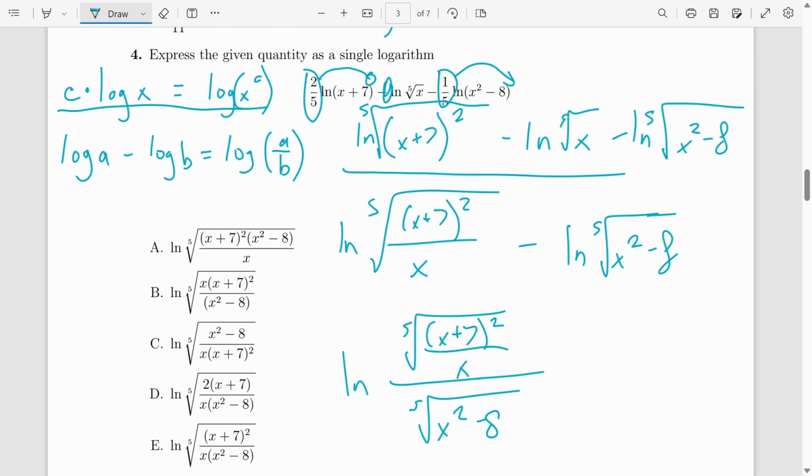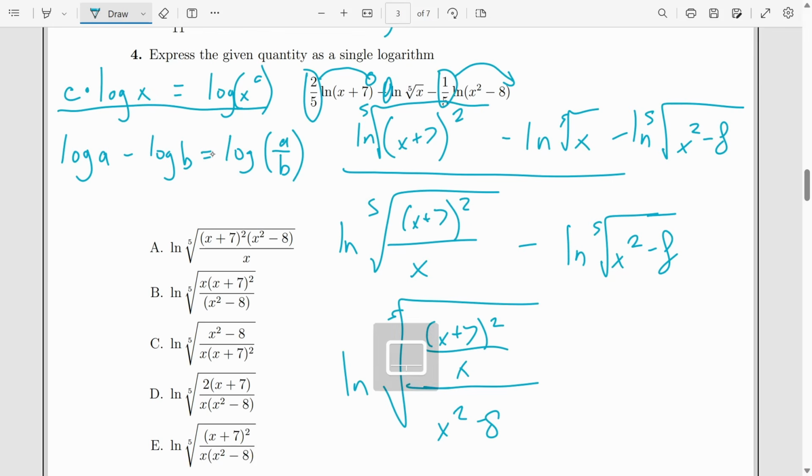So there we go. We now have our one logarithm, but we have to do a little more simplifying before we do that. First thing we should probably do is, again, we've got two fifth roots on the outside, so we can combine them into one fifth root of absolutely everything. And now we just have two fractions that we should probably put into one fraction with one numerator and one denominator. Hold on, I have an answer key here. Which one did it say was correct?